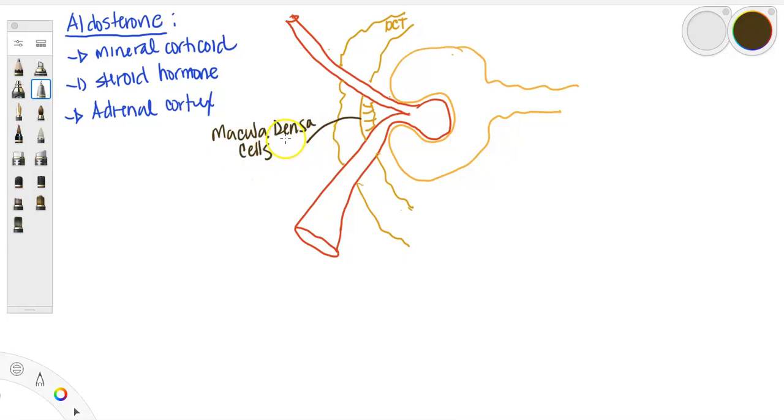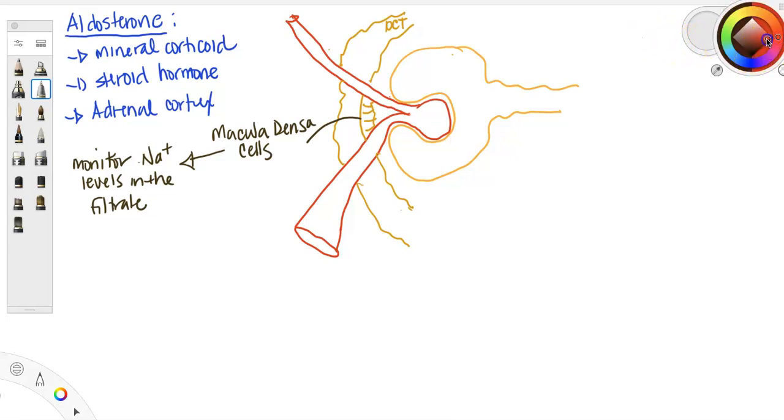Okay, and what do those cells do? They monitor the filtrate. So they basically monitor sodium levels in the filtrate. All right, we also have another set of cells. Hopefully you remember, there was a little set of cells within the afferent and efferent arteriole.